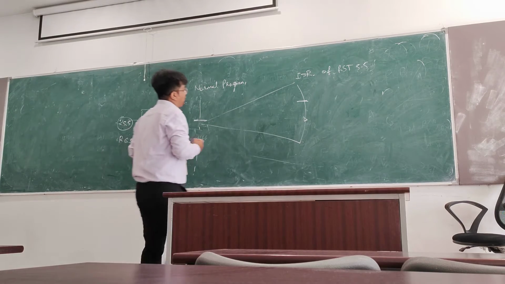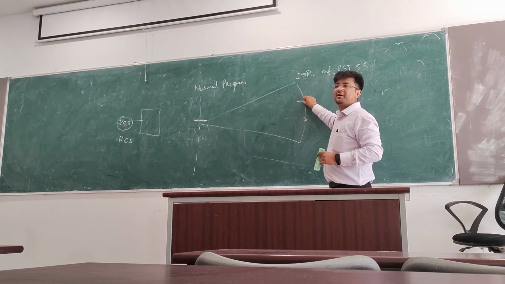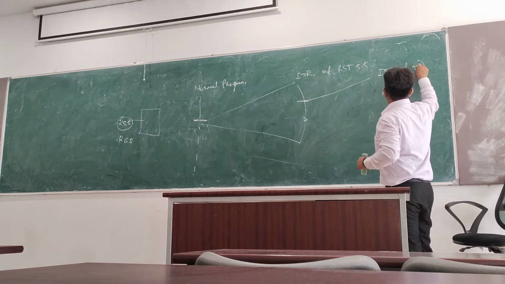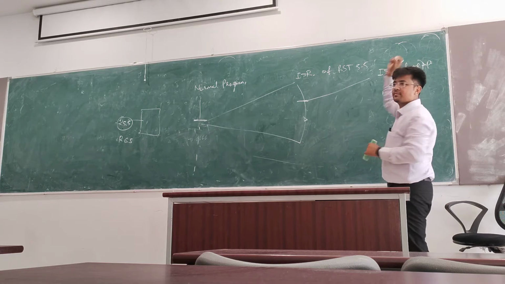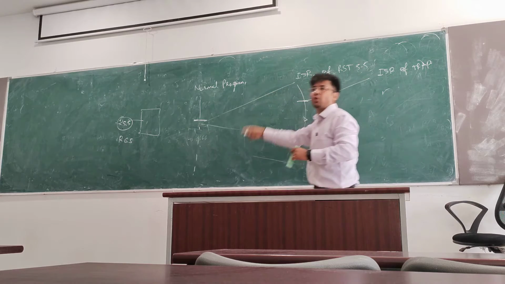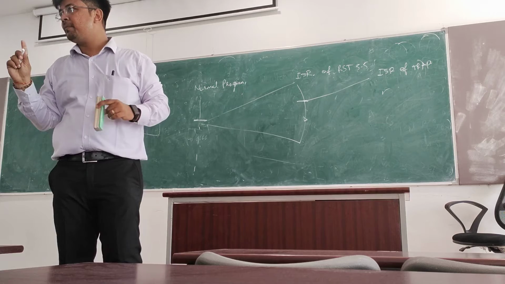Okay. अगर ट्रैप है तो यहाँ से स्टॉप हो जाएगा. स्टॉप होके क्या करेगा? स्टॉप होके ट्रैप का जो एग्जीक्यूशन का वो होगा पहले, उसके बाद वहाँ से फिर से स्टार्ट होगा. Okay, ISR of trap.